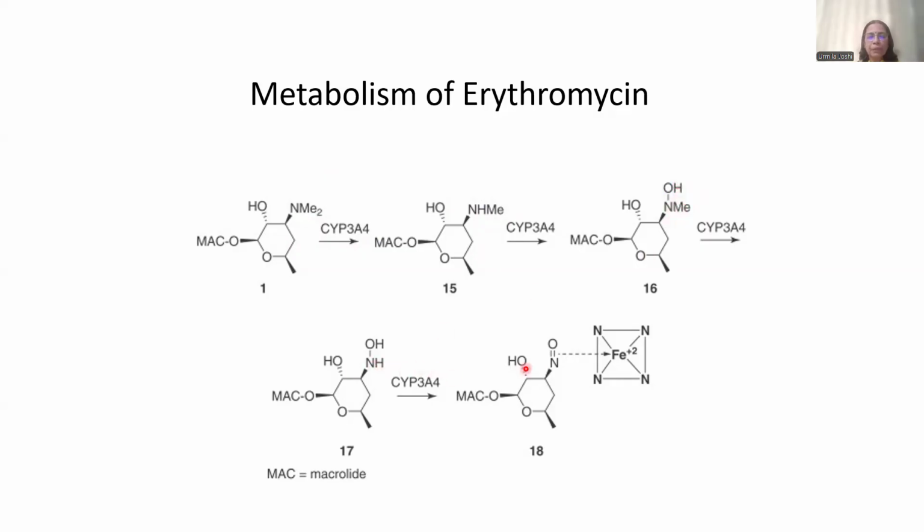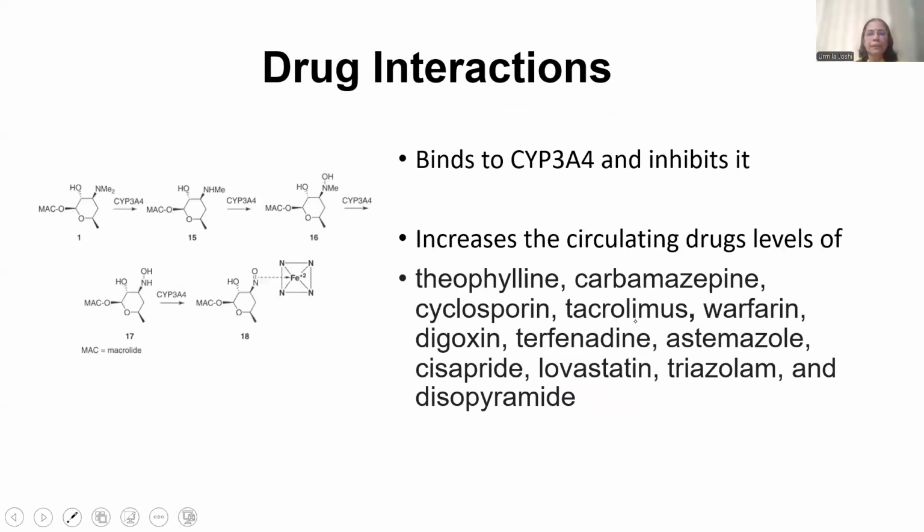NOH formation is followed by further N-demethylation. This methyl group is gone now. And the resultant NO compound, the nitroso compound, attaches itself to cytochrome P3A4. If you remember the structure of cytochrome P, there is a porphyrin type of ring, and to it, the nitroso compound attaches.